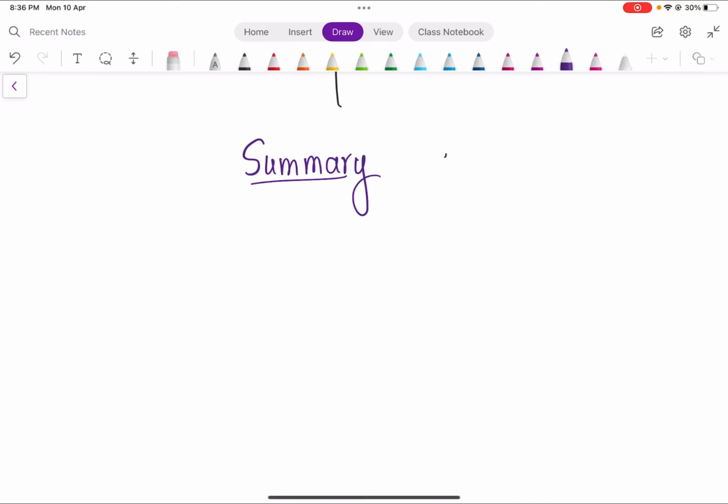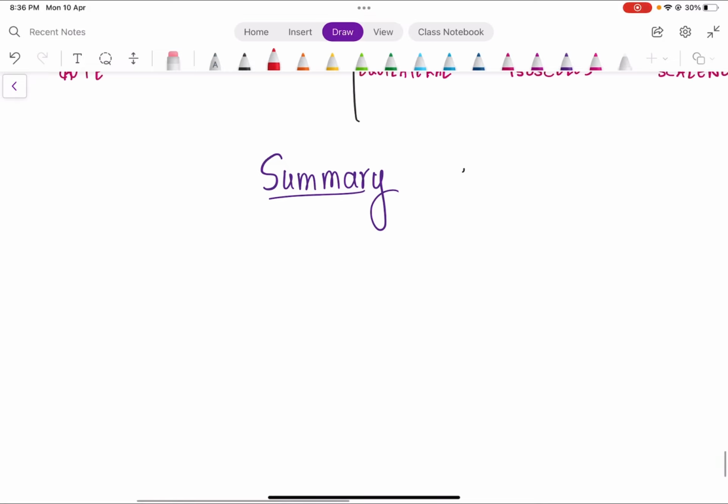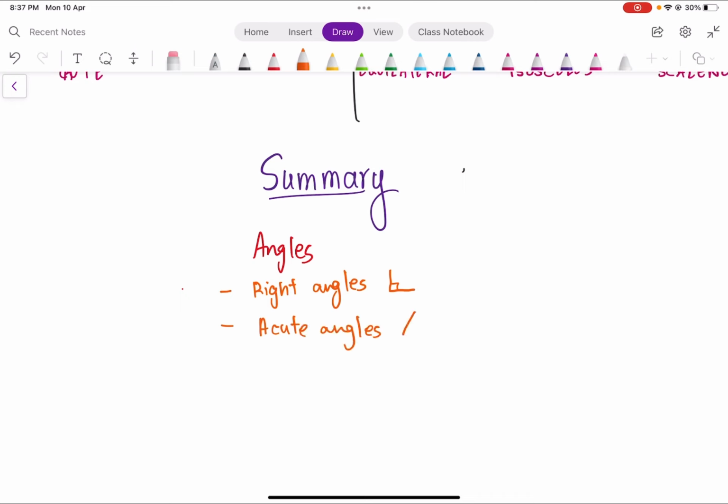Okay, let's go through that one more time just so we're sure. Let's go through angles first. There are three types of angles: right angles, acute angles, and lastly, obtuse angles.